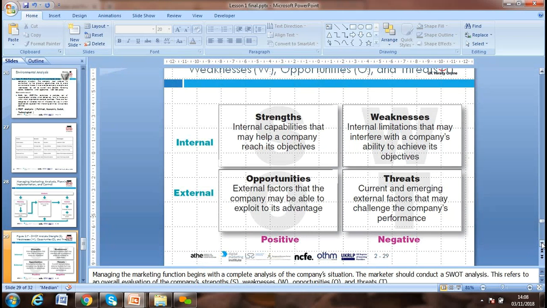The opportunities may come from the external environment with the market growing. If economic growth is like in China, it used to be 7-8%, but now in other countries around 4-5-6%, that creates opportunity for a business. Threats are negative emerging external factors that may be challenging for the company's performance. We need to look around at all of this.